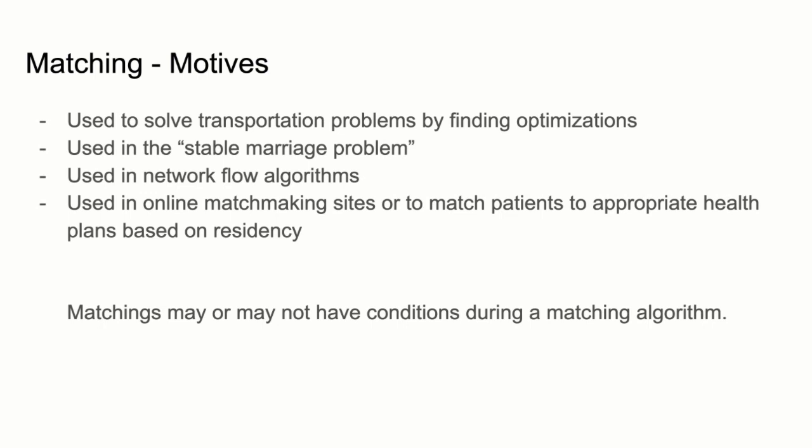So sometimes the matchings may be more optimal, but don't fit in with our additional logic in our problems. So a dating site might not greedily match. There's going to be some standards that the dating service provides. There's also a way to find optimizations in transportation problems by matching. You can use matching for network flow algorithms. It's very important. And matching has also been used to match patients to health plans based on residency.